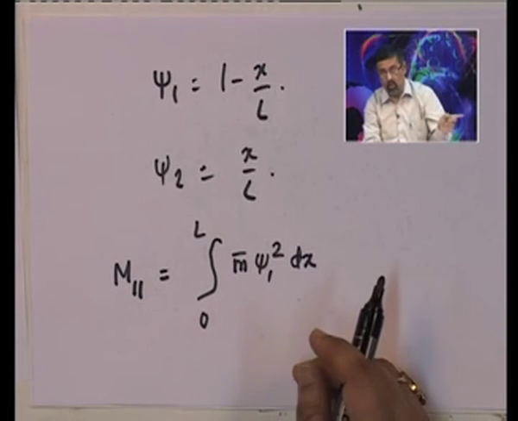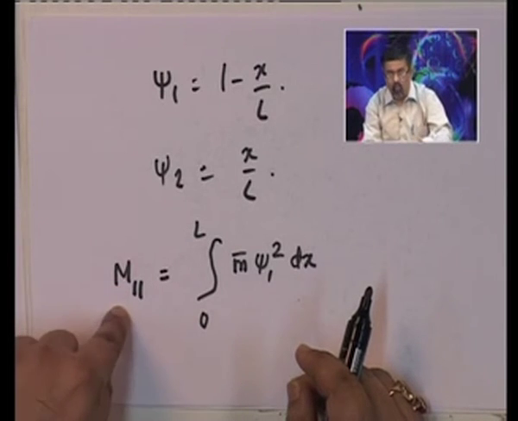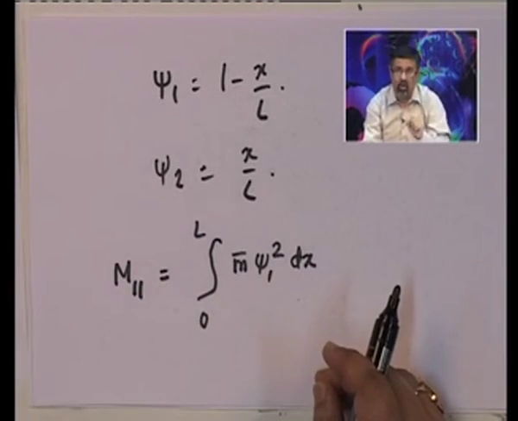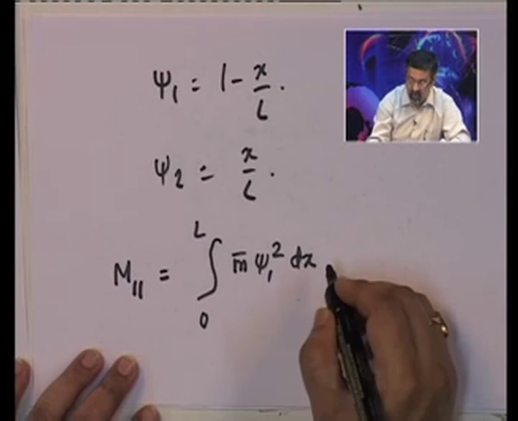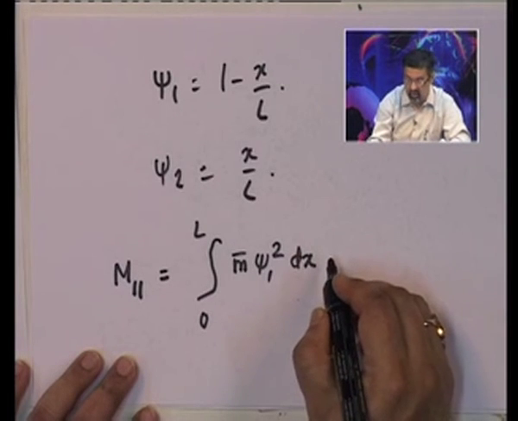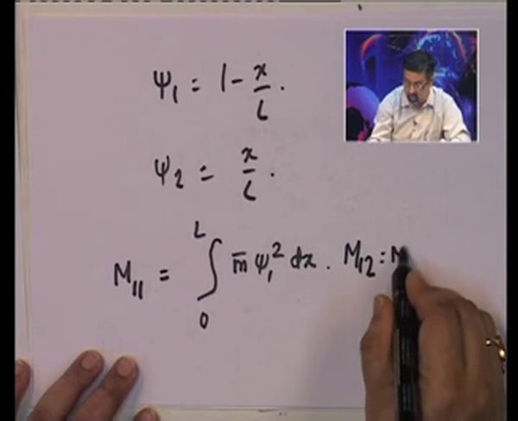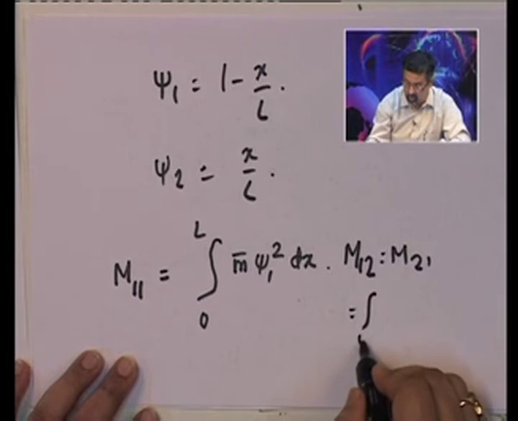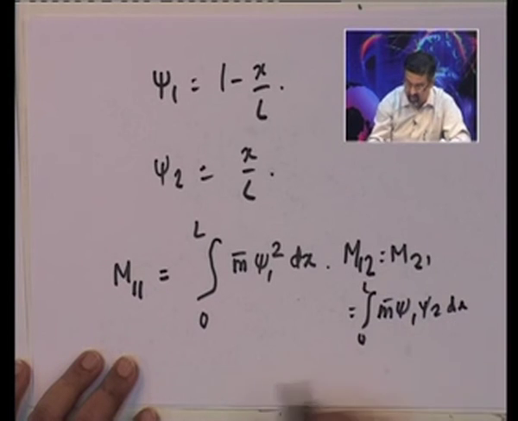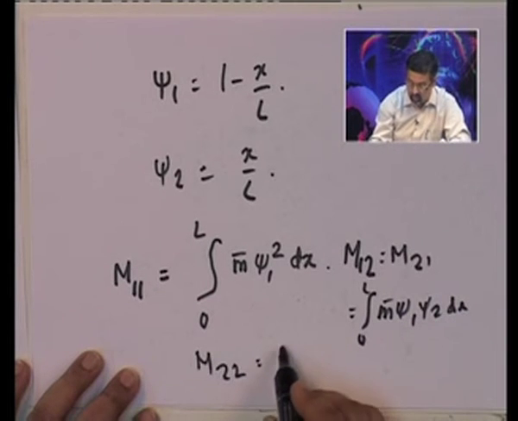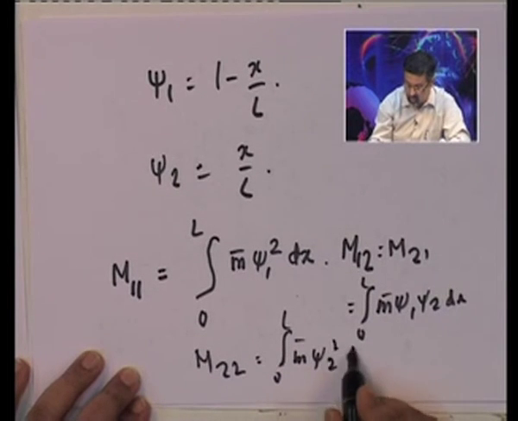Look back, I've already derived it: M11 in the first equation was m bar xi1 squared. Then M12 and M21 are the integral from 0 to L of m bar xi1 xi2 dx, and M22 is the integral from 0 to L of m bar xi2 squared dx.